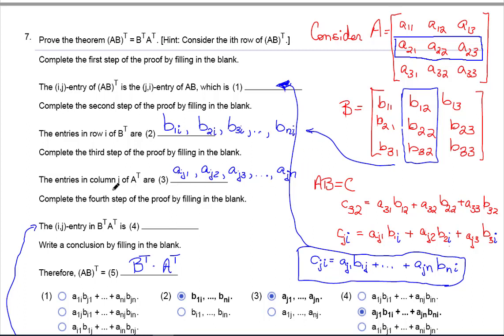Well, what about the jth column of A transpose? Well, that had to have come from the jth row of A. So the jth row, here's my row number, and so that's Aj1, Aj2 up to Ajn.